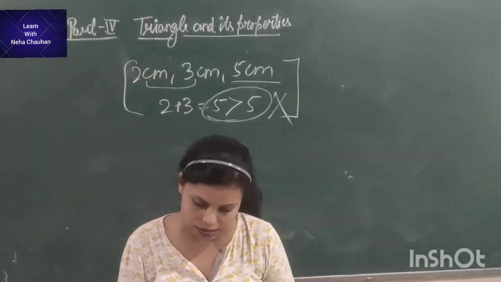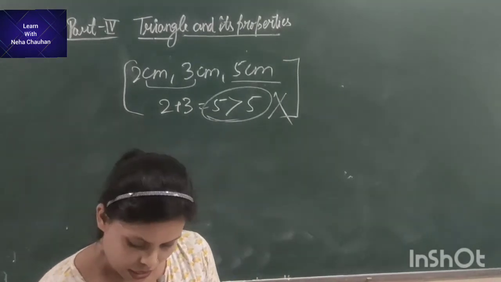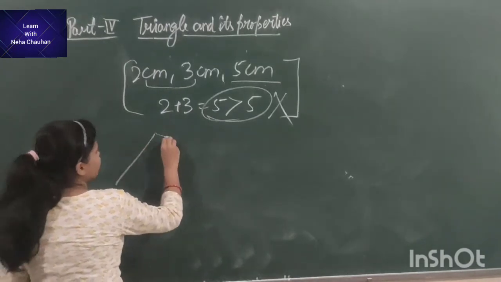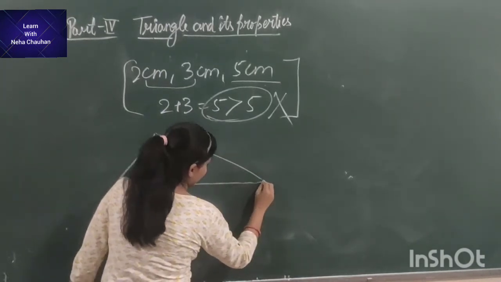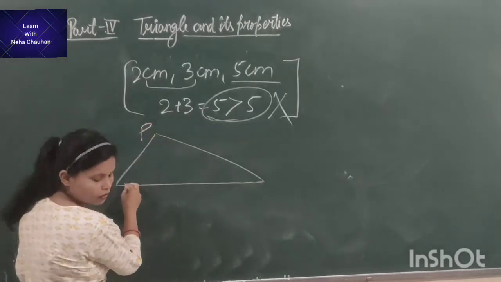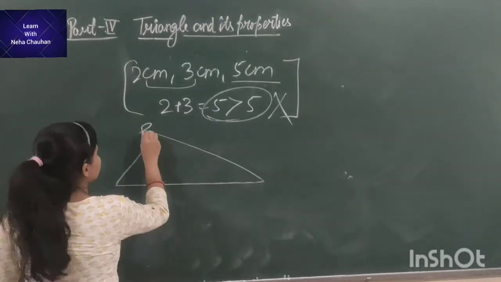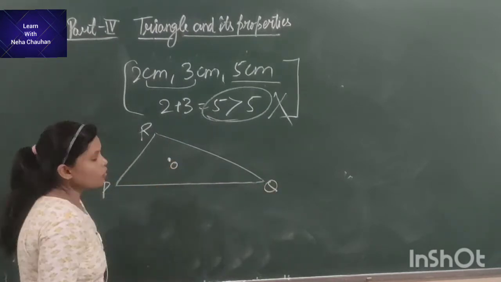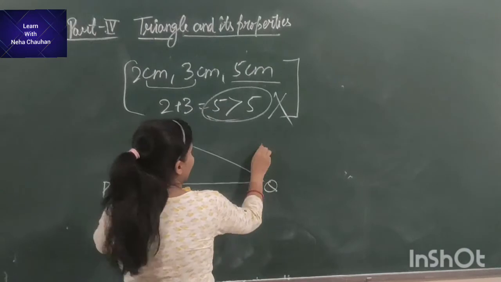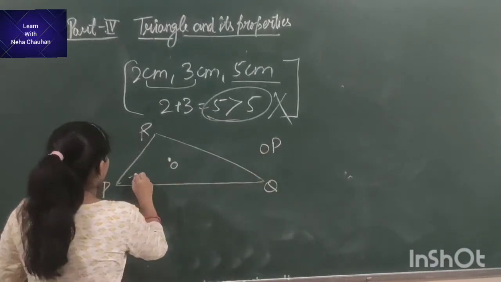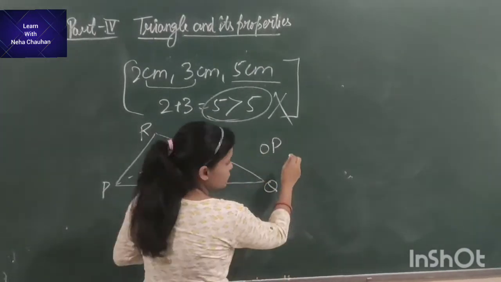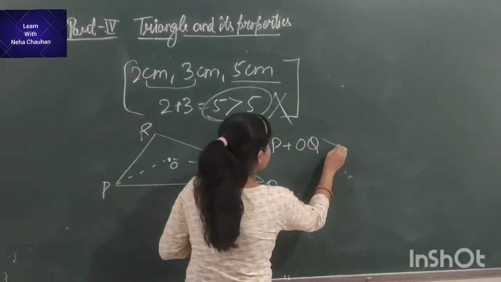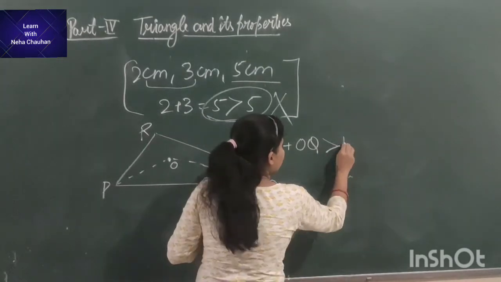Okay, let's do question number 2. Question number 2 is, take any point in the interior of triangle PQR. We are given a triangle with vertices P, Q and R, and this is the point O. The first part is OP plus OQ is greater than PQ.